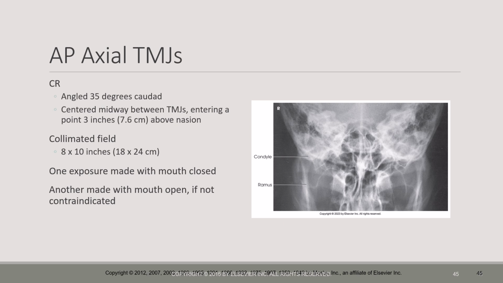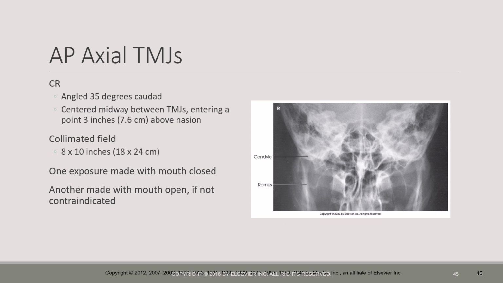So you want to see open TMJ joints if you can. The mastoid processes are going to be slightly superimposing. Petrous pyramid should be elevated and way out of the way. It should be at the very top of the radiograph, pointing toward the foramen magnum, like we see in a Townes and a Haas projection. Okay. You should see the coronoid of the ramus free of the condyle.